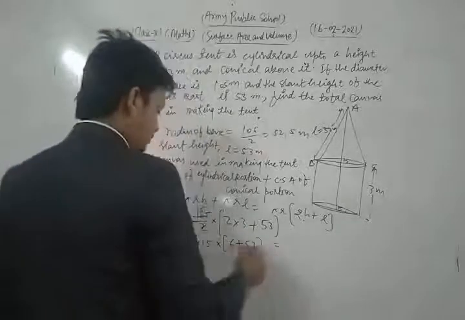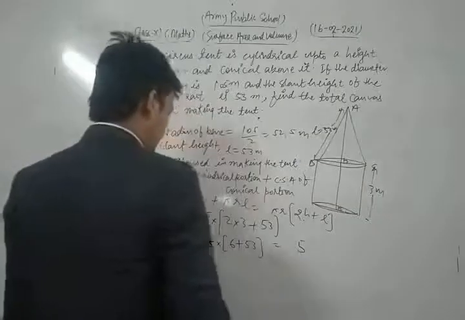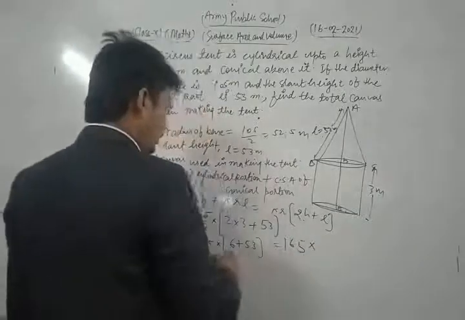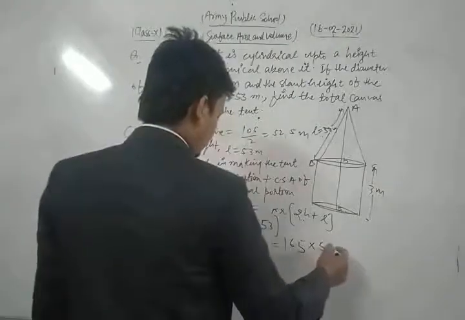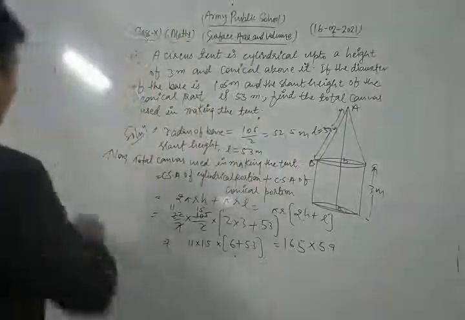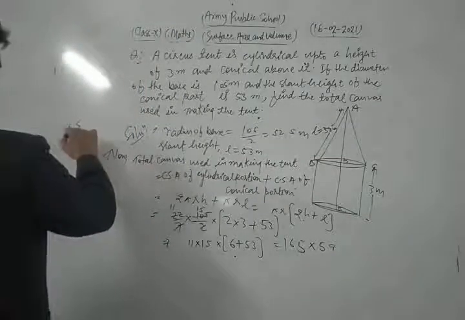So we get 165 into 59. Now we just multiply them. Let's see, 165 and 59.